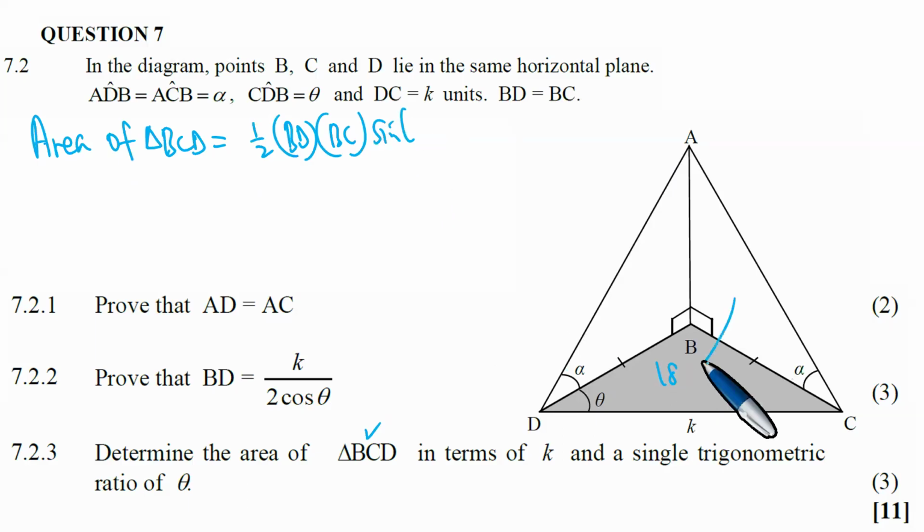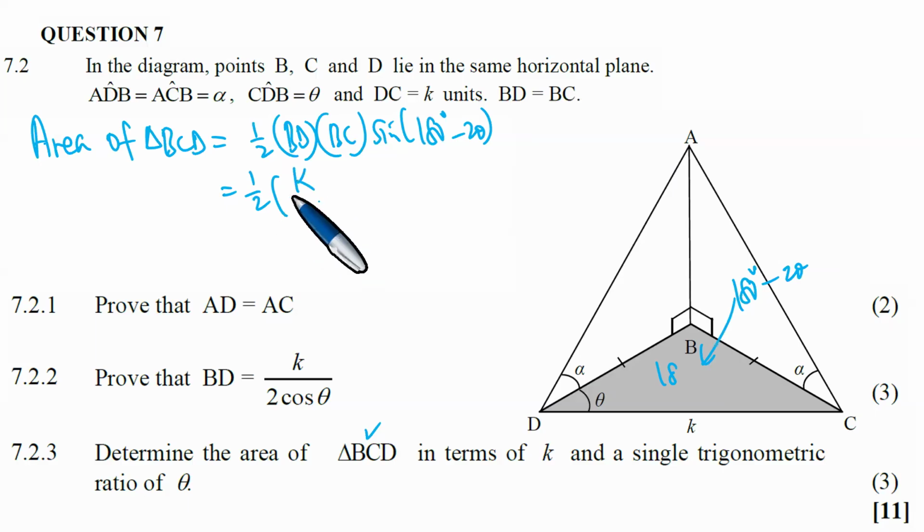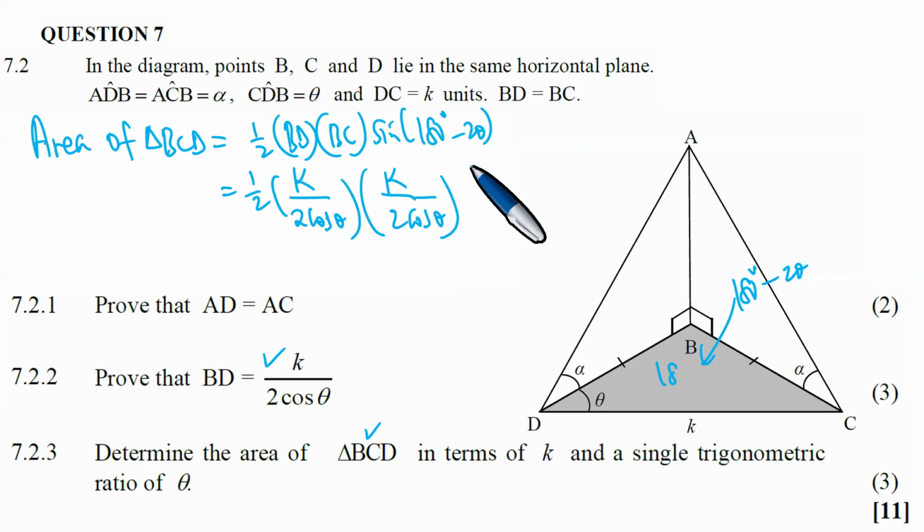This angle here is 180 degrees minus 2 theta. So it is one half, the BD is K over 2 cosine theta. The BC and the BD are the same, so it's going to be K over 2 cosine theta again. The sine of 180 minus 2 theta is going to be the same as the sine of 2 theta.